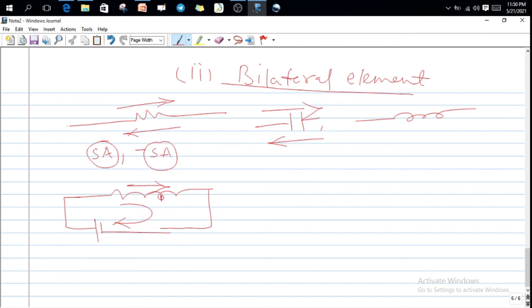If your current direction is negative to positive or positive to negative, only the sign will change but the magnitude will be the same. Anyhow we are going to get it from both directions. That's why it is called the bilateral element.